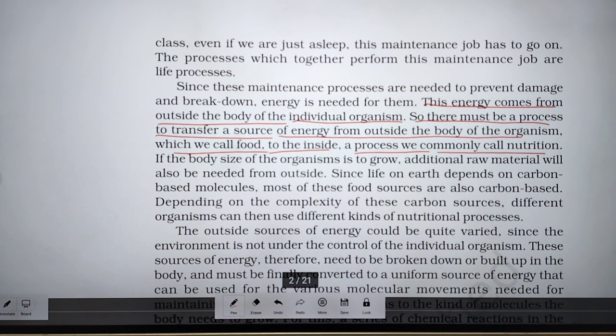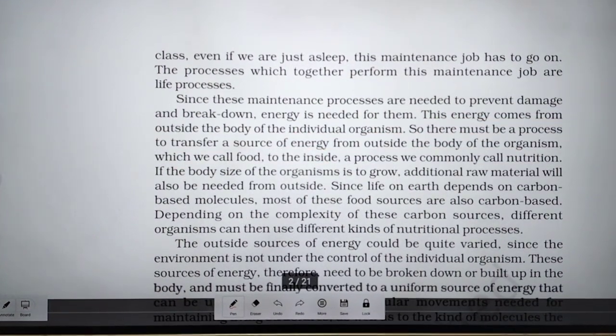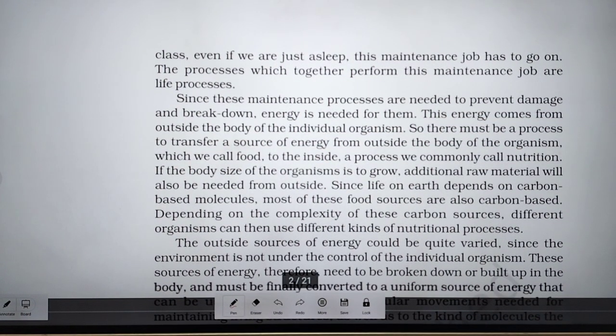When we take food it performs many functions, and this process we commonly call nutrition. After that we get energy.